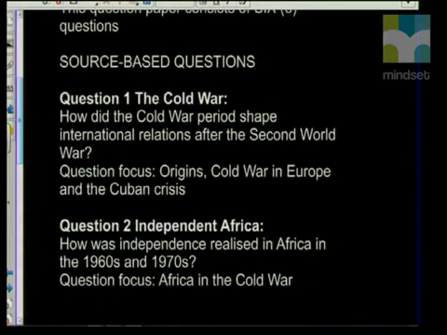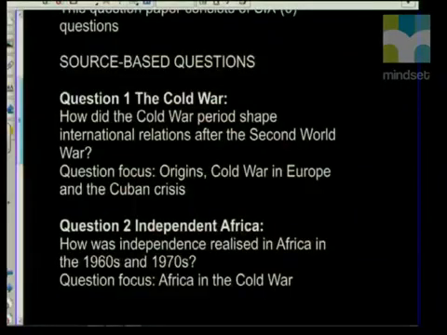The overriding question is, how did the Cold War period shape international relations after the Second World War? You already know that because that's the theme you're dealing with. The focus question will be the origins of the Cold War in Europe, and the Cuban crisis. In today's lesson, we'll be focusing on the Cuban crisis.